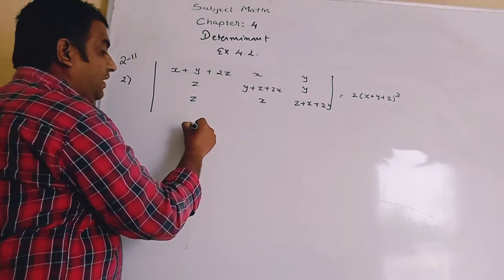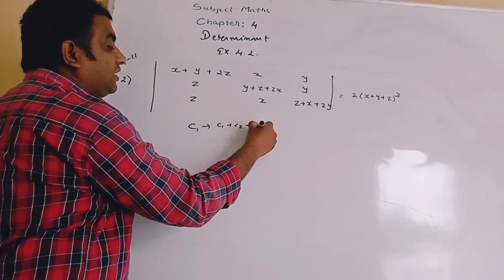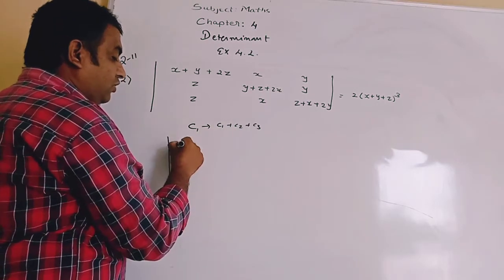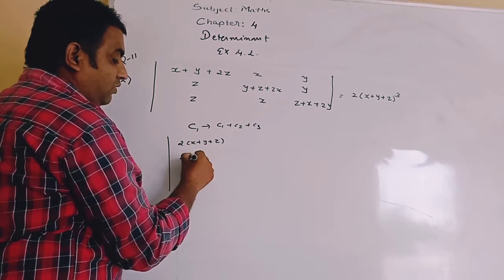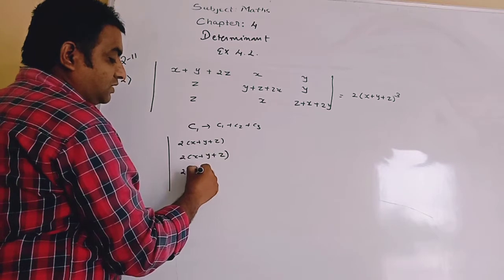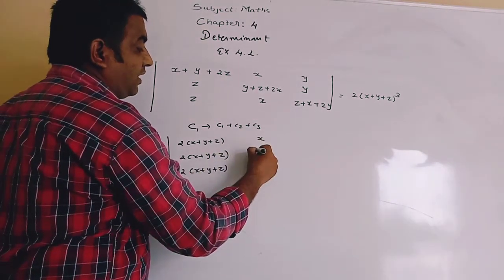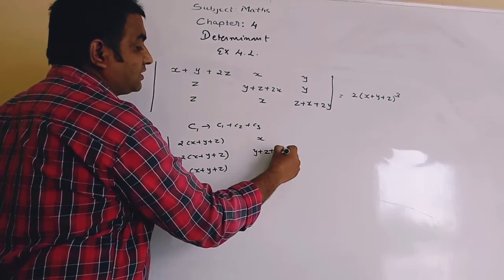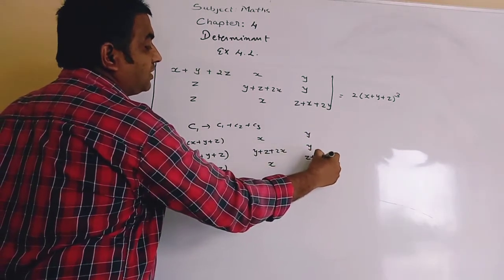And so we apply C1 transform into C1 plus C2 plus C3. Then the first column will convert into 2 times x plus y plus z in every row, and the rest is x, y plus z plus 2x, x, y, y, z plus x plus 2y.